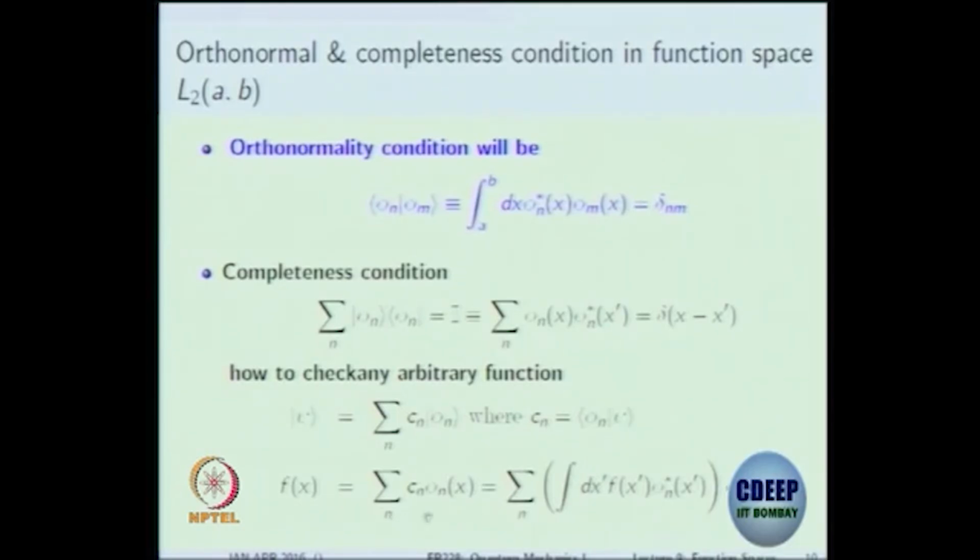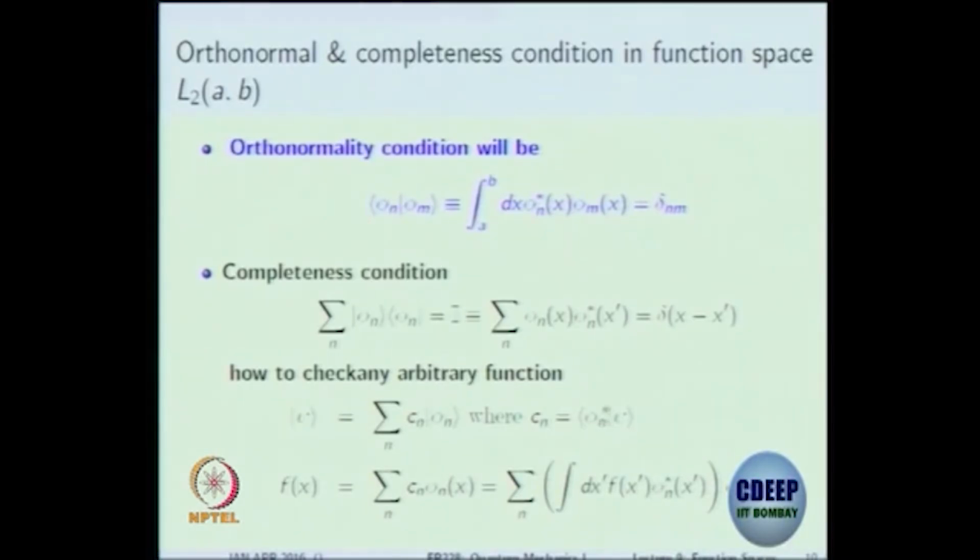Cn can be replaced by an inner product. I put an x prime just to keep track that we are doing a dummy integration. I don't want that to be confused with this x, which is already here. And f of x at x prime will be f of x prime, that is known.